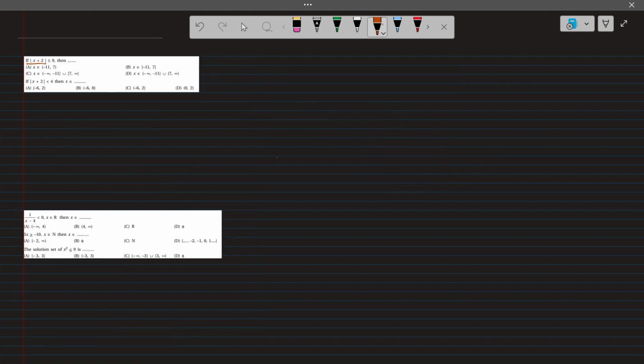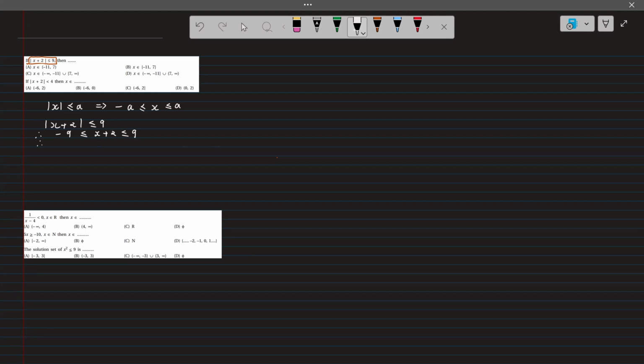If mod of x plus 2 is less than equals to 9, then we have to find the values of x. It lies in which range? Whenever mod x is less than equals to a, we can say x lies between minus a to a. Same property we'll use here. Minus 9 less than equals to x plus 2 less than equals to plus 9.